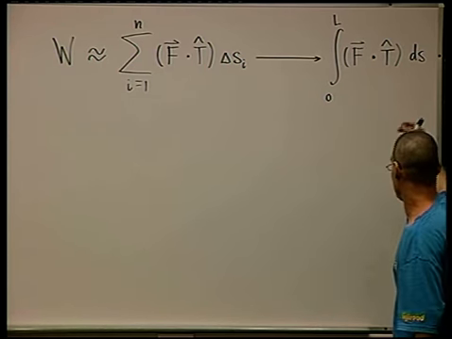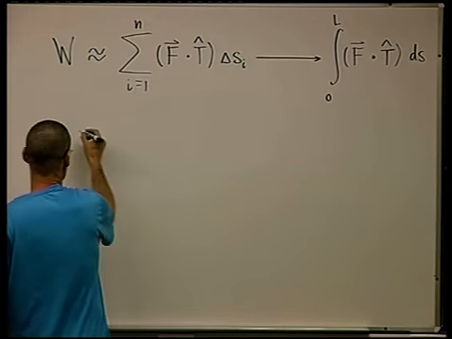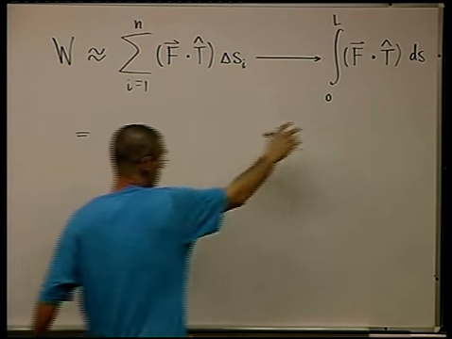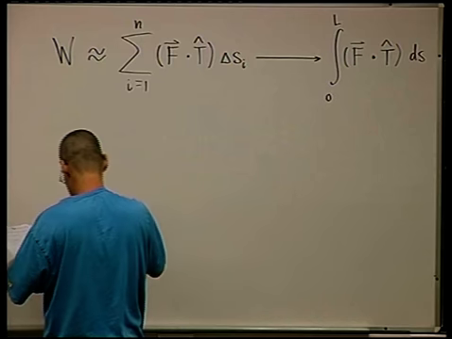But that's not what we want. We want somehow to be able to calculate this thing, and let's see what we get. First of all, this we know we can write in terms of the parametrization.